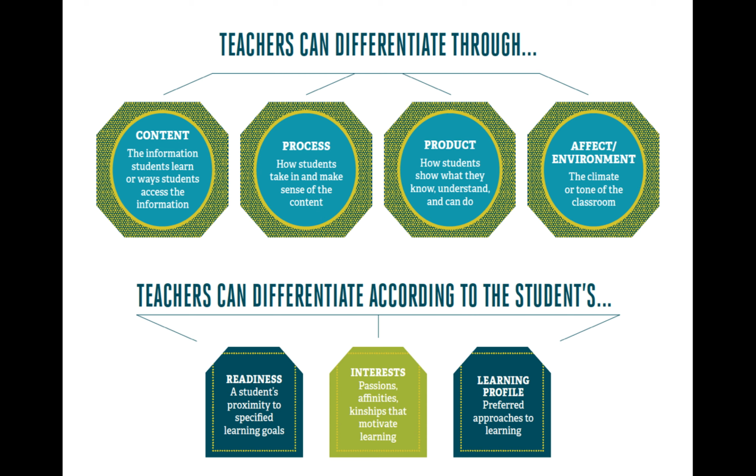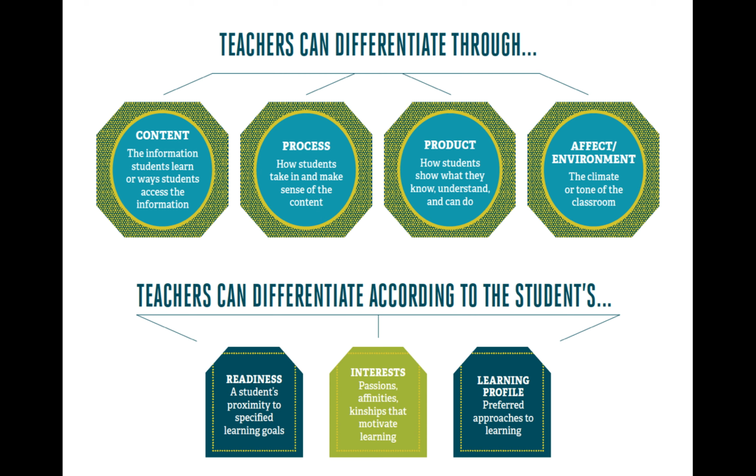This comes from a course that I took one time. I know we are very familiar with differentiation. I like using this because it really shows you different ways you can differentiate. You can differentiate through process. That's probably the one that we think about the most, but also the content, right?